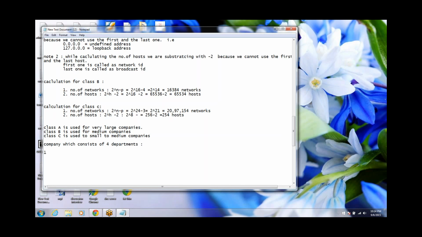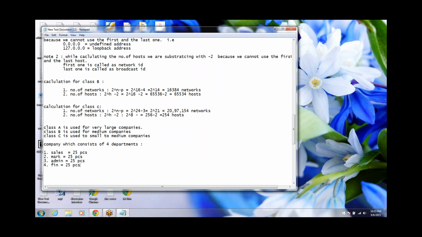The four departments are, for example, the sales department, second the marketing department, third the admin department, and fourth the finance department. In each department they have 25 systems: sales has 25, marketing has 25, admin has 25, and finance has 25.